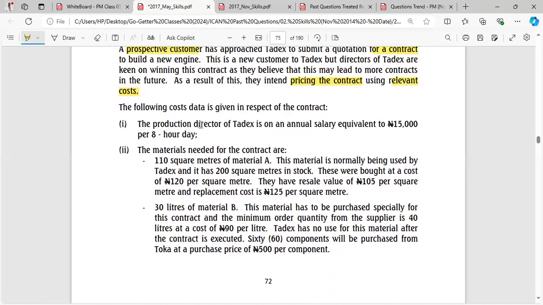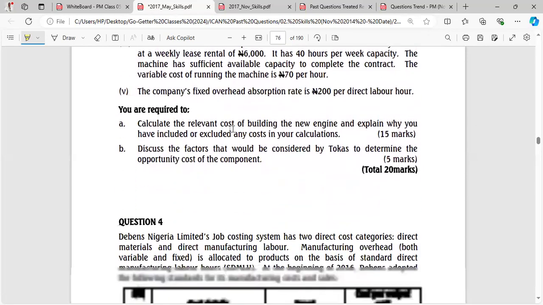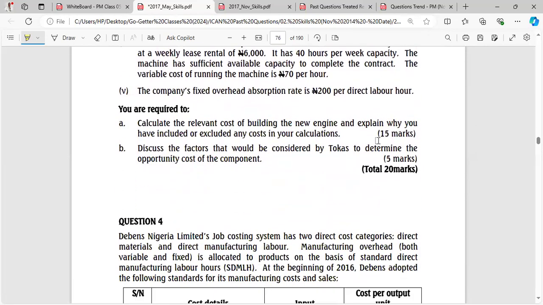Now, this is where the whole thing lies. I'm going to skip this reading for now and go straight to the requirement. The requirement says, calculate the relevant cost of building the engine, that's one, and explain why you have included or excluded any cost in your calculation. Now, this is what we are going to base on. So now let's go to our solution.